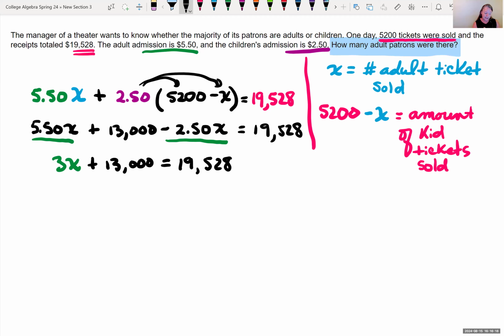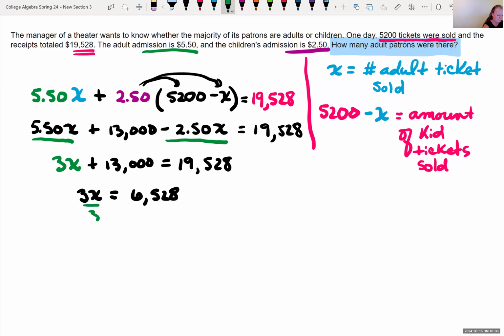So let's get the term with x by itself. Let's subtract 13,000 on both sides of that equation. So we get 3x equals, well, 19,528 minus 13,000 is 6,528.